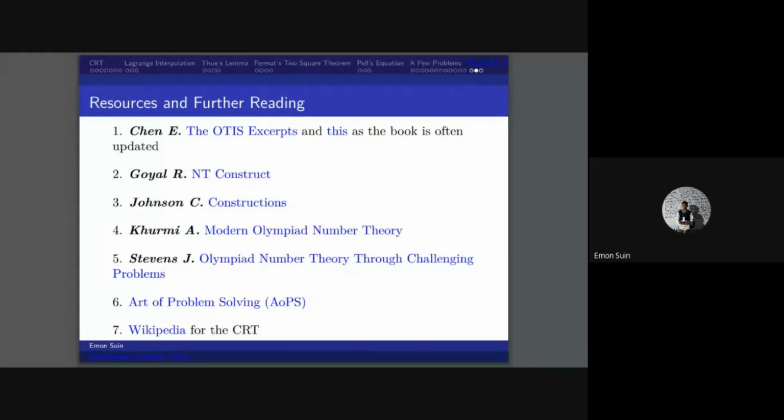Justin Stevens' Olympiad Number Theory Through Challenging Problems. Obviously AoPS. Wikipedia is used mainly for CRT and some history, like who first discovered something but did not publish it, such as Fermat's two square theorem. So these are the basic things I used. You can also look into these. The links are given.